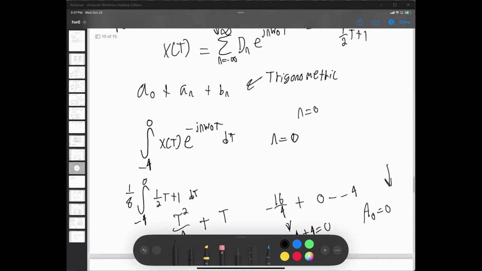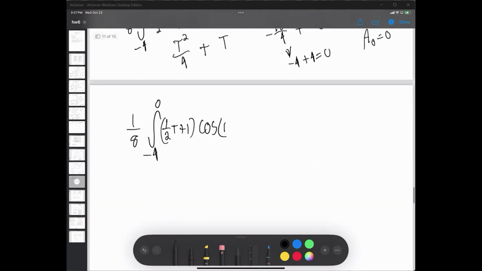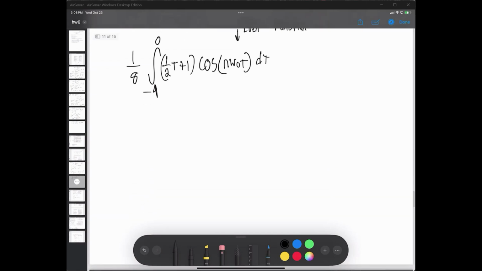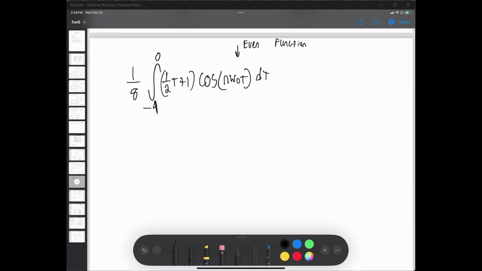Inside is going to be n omega naught t, dt. Okay, so we have that.